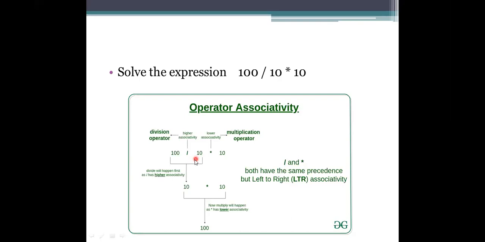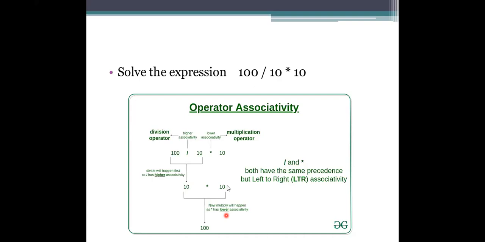Then the operands beside that one will be evaluated first, and the result will be multiplied with this value. So the answer will be this one. If you are not performing it in this way, and the multiplication is done first, 10 into 10 will be 100, and this answer divided by this one gives 1.